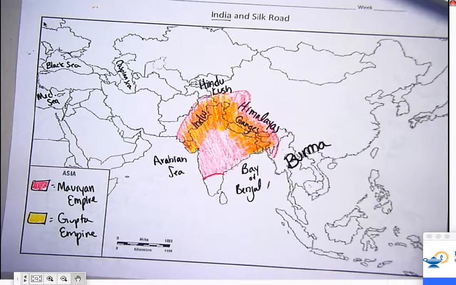Now, the Gupta Empire is going to be started by Chandragupta. He is going to have a very decentralized government in comparison to the Mauryan Empire. The cool thing about the Gupta is they're known for their math and their science. It's the Gupta who creates zero, which is pretty cool.